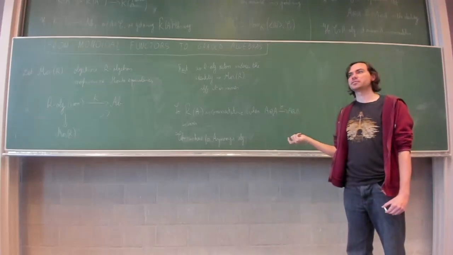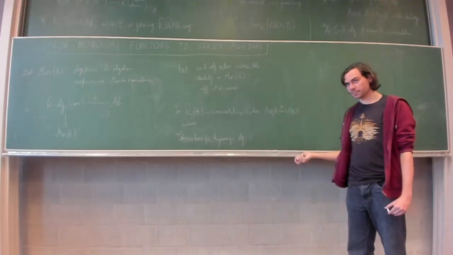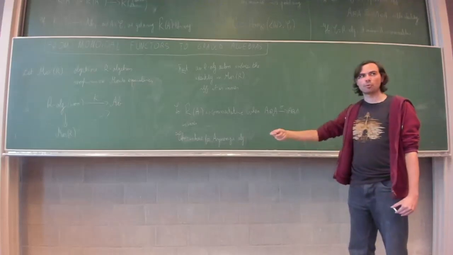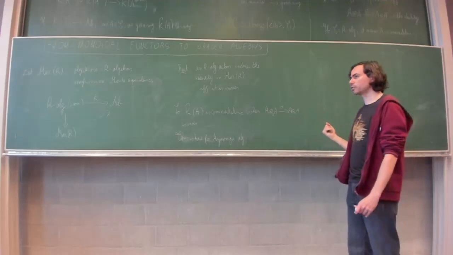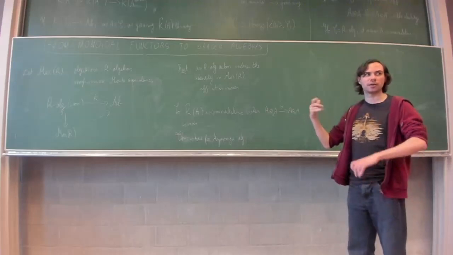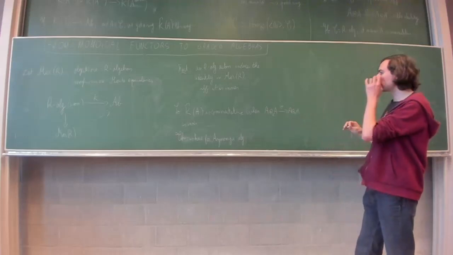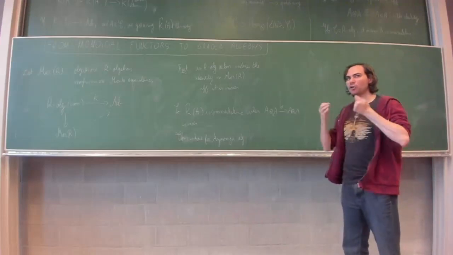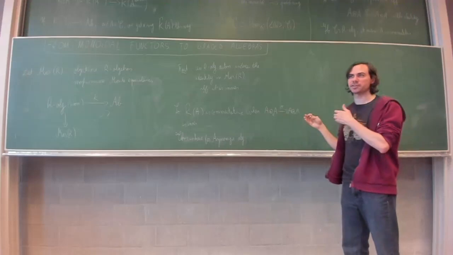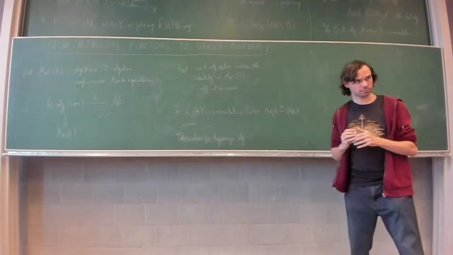I'm not really sure if it characterizes them, maybe with a few more hypotheses, maybe if you assume that A is itself finitely generated projective or something. I'm not really aware of another class of algebra which has this property except for Azumaya.